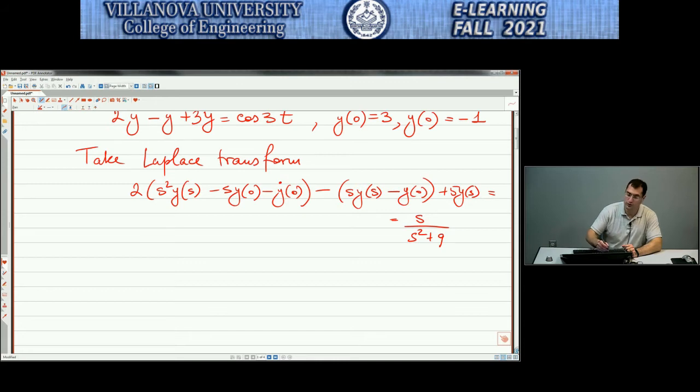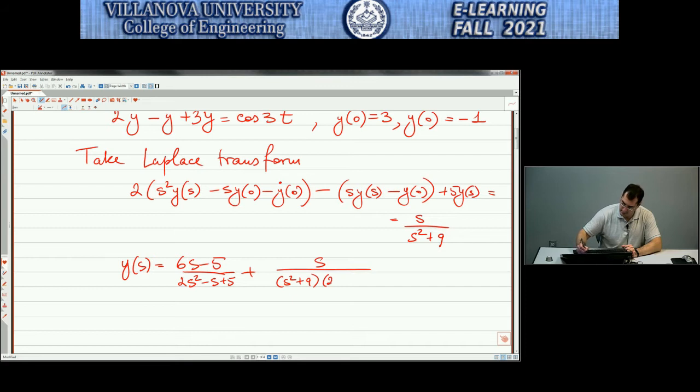Then you solve this algebraic equation with respect to y of s. You obtain y of s. And once you get y of s, you need to take the inverse Laplace transform of y of s to obtain y of t. That's your usual procedure.